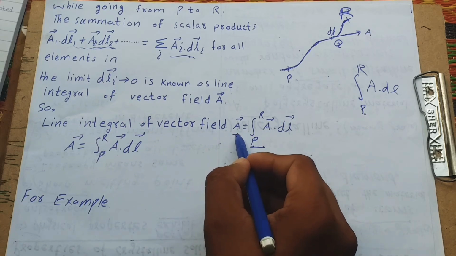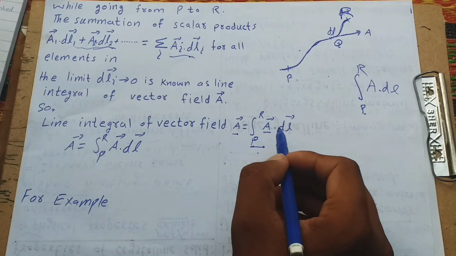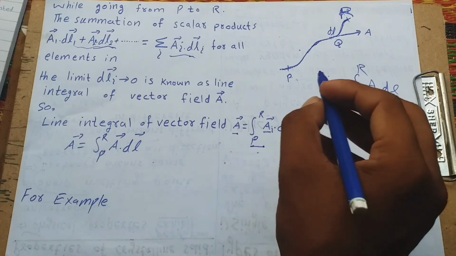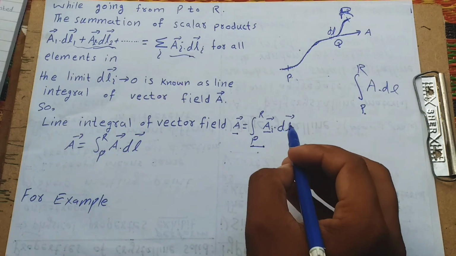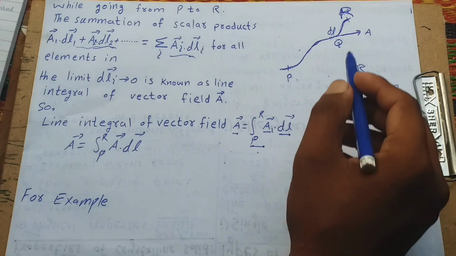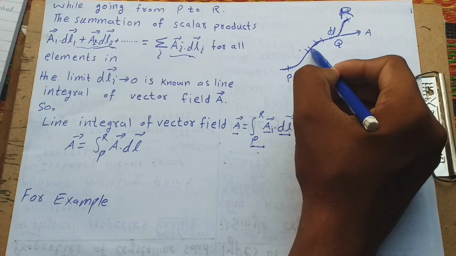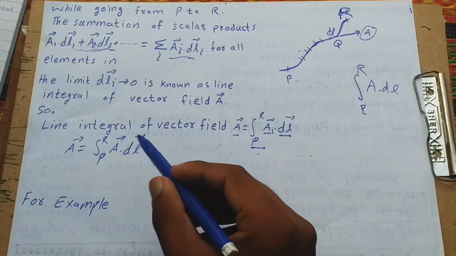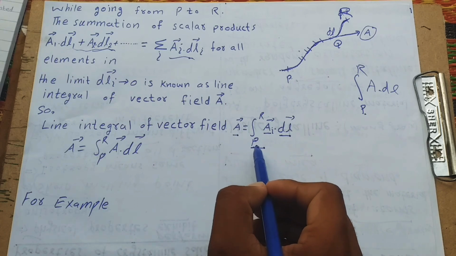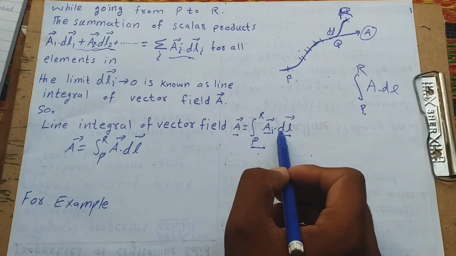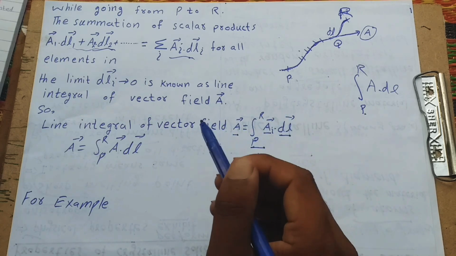A is the vector field, and dl is the patch of the path. Clear? The line integral of vector field A is equal to the integral from P to R, where P is initial and R is final, of A dot dl.